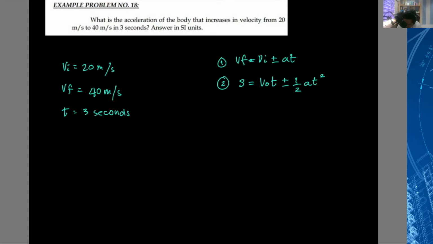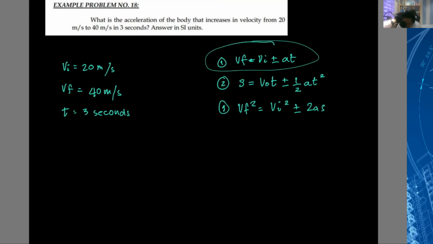Correct? Number 3 is velocity final squared equals velocity initial squared plus or minus 2AS. Okay? So given time and given velocity, we can use this expression.